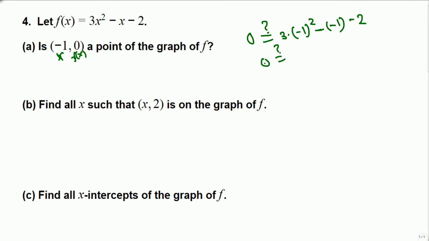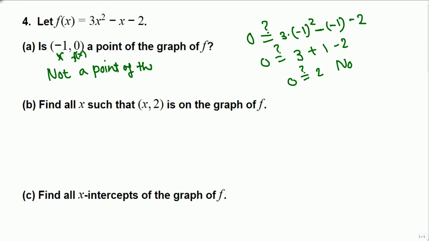We are checking if 0 equals this number. -1 squared is +1, so 3 times 1 is 3, minus minus is plus 1, minus 2. 3 plus 1 is 4, minus 2 is 2. Is 0 equal to 2? No. So this is not a point of the graph.